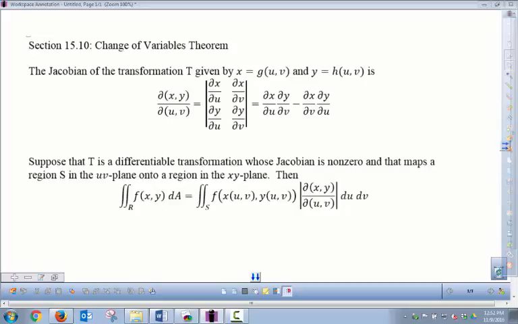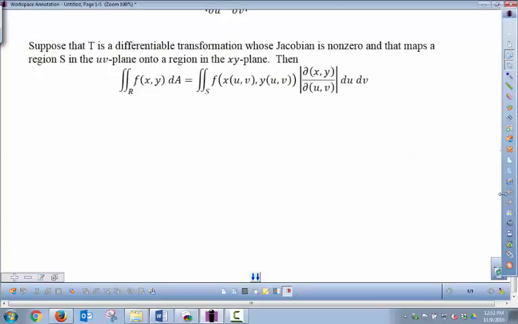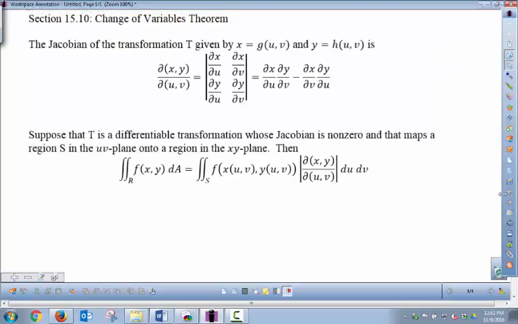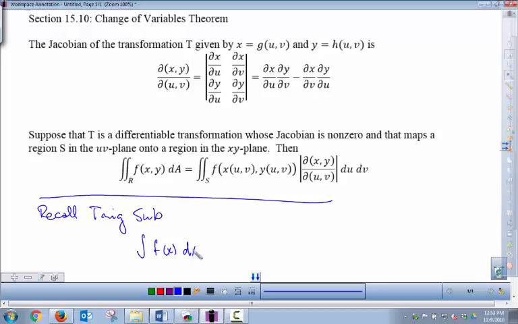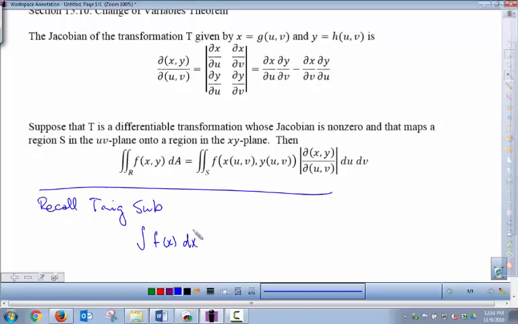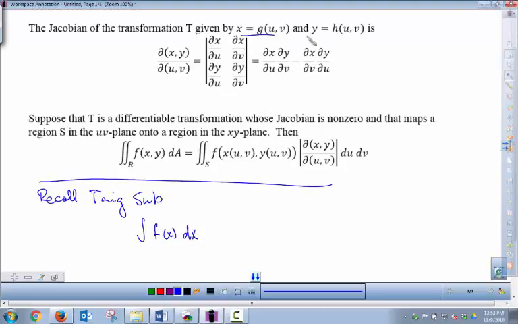Think about it as a u substitution, or think about it as a trig substitution, even better. If we can make an analog to trig substitution from Calc 2, we would have some function of x dx, and then we would make a substitution where we say x is equal to maybe a sine theta.